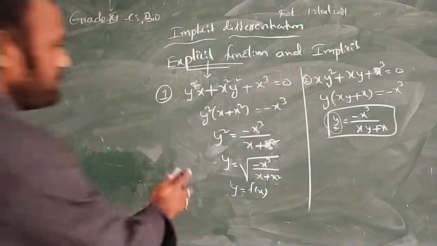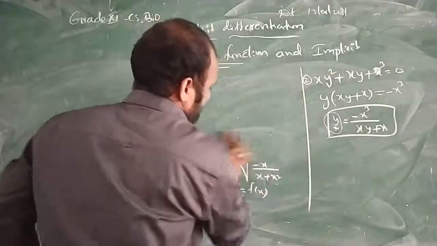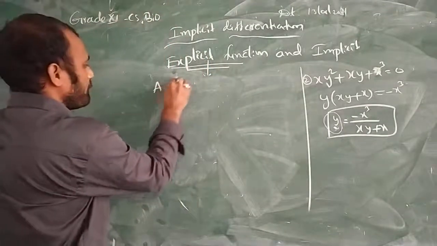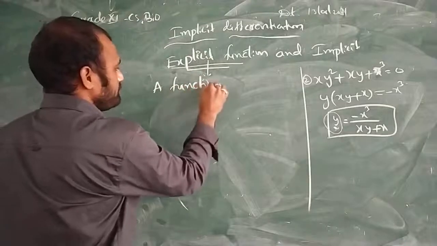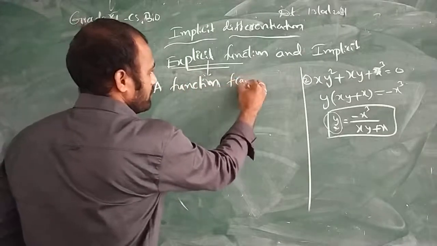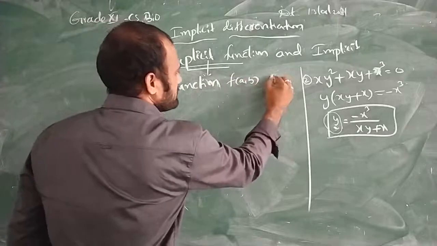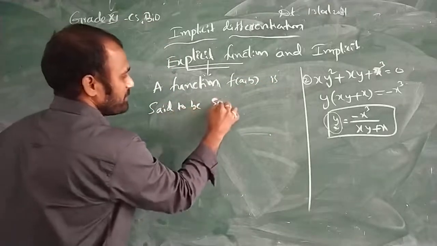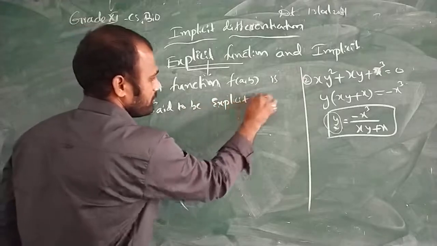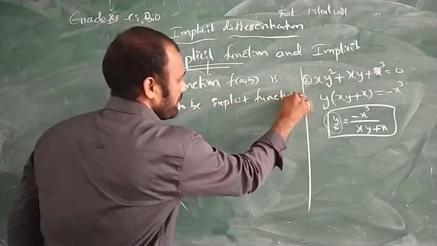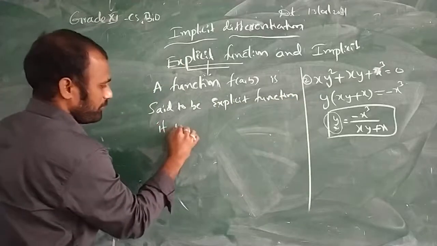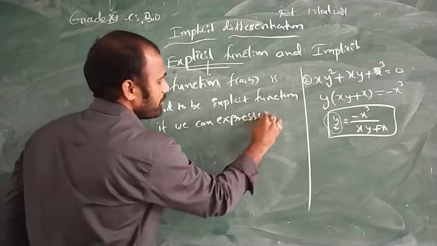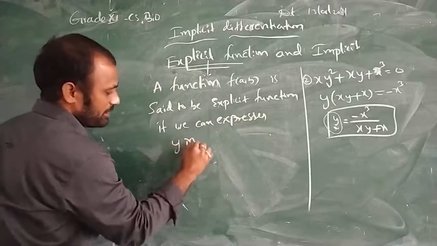Let me write the definition. A function f of x, f of a comma b is said to be explicit function if we can express y in terms of x.